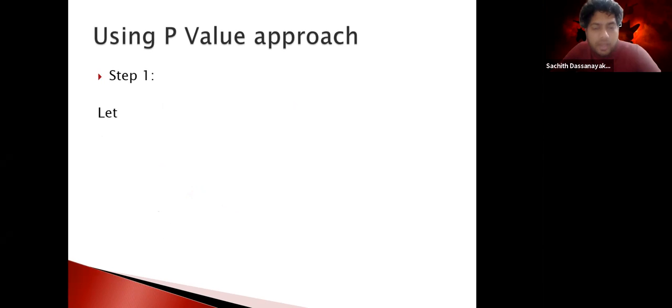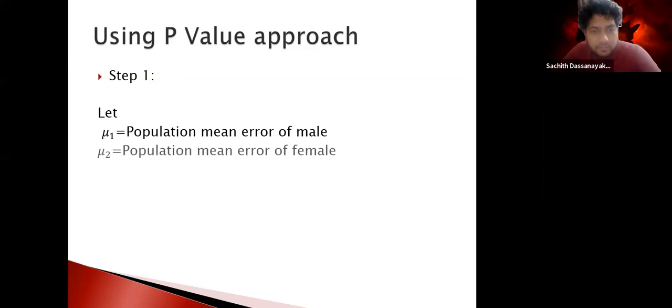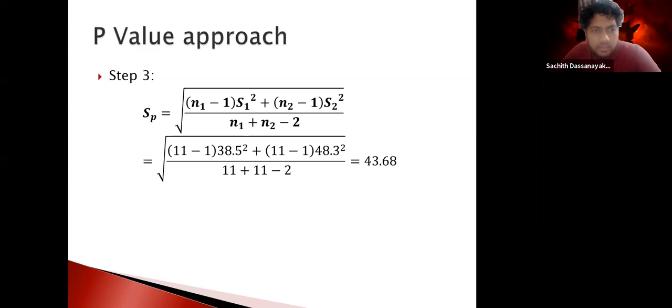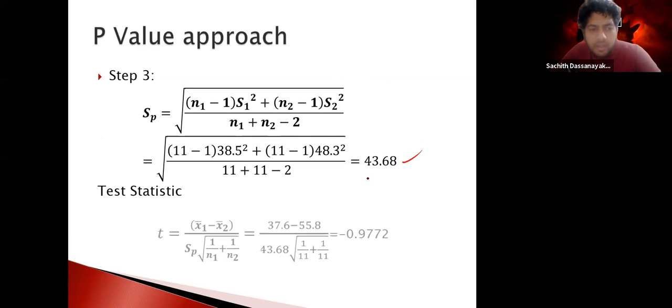Step one, everything is very similar up to calculating the t-statistic. Step three, you have to figure out the p-value. Then plug into the t-statistic and find the tcal. This is your t calculated value.